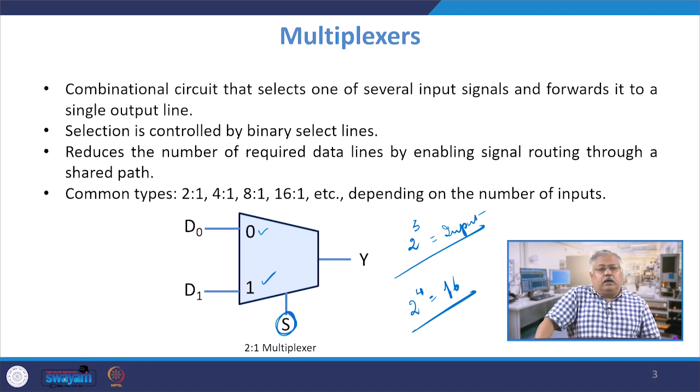Now, the selection is controlled by binary select lines, and it reduces the number of required data lines. Y is the shared bit line, the shared path. All the inputs will be shared on Y. So, you reduce the number of interconnects on the output side. That is the advantage of having a multiplexer.